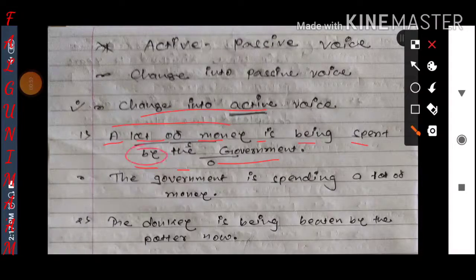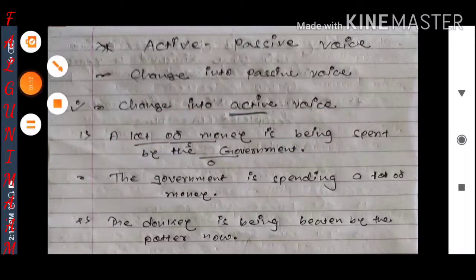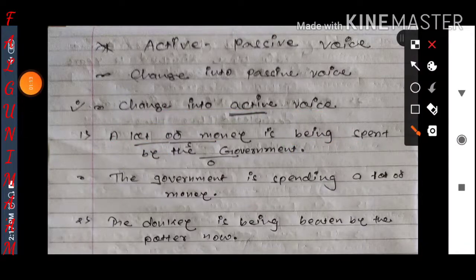First one we can see here is by, second one in the sentence is being, been or be, and the doer of the sentence and the doer of the action are different, so this one is a passive sentence. So first of all we convert the passive sentence into an active one.